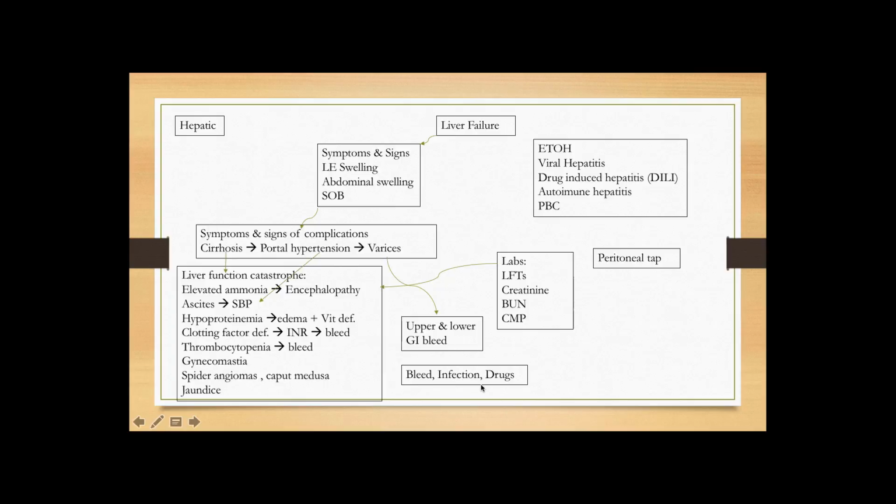So what are those? So it's BID. So it's bleed. So any bleeding, so for example variceal bleed, can precipitate encephalopathy. Infection basically anywhere in the body, but spontaneous bacterial peritonitis will also precipitate encephalopathy, and then multiple drugs can do it too.